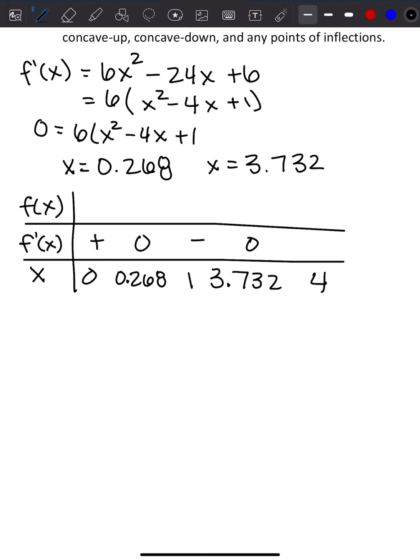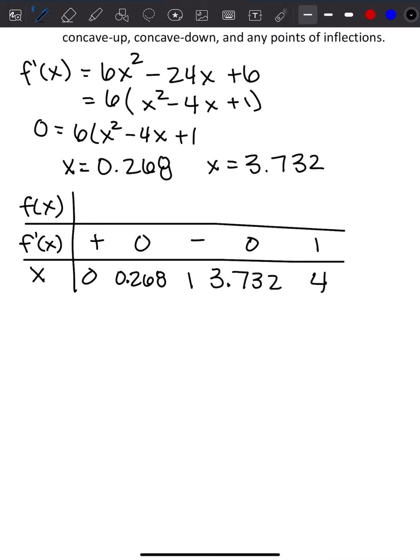And then if I plug in 4, 4 squared is 16. 16 times 6 is 96. We're going to take away 24 times 4, and then add 6 to it. When we looked at the graph, we know it's going to be positive.